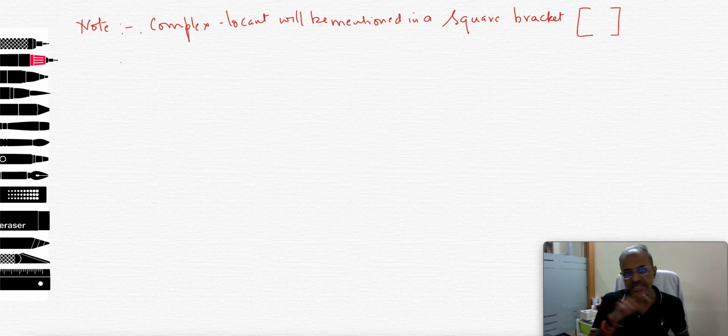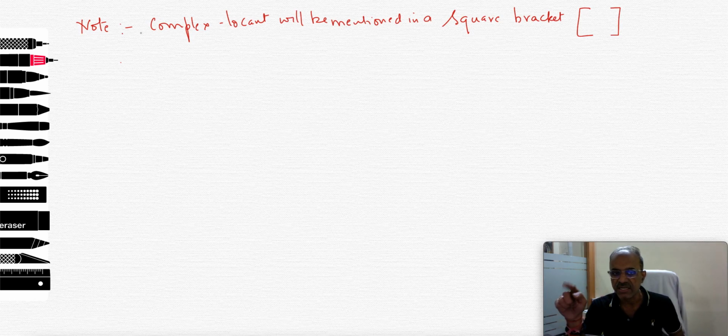And the D, T will be given preference with respect to their alphabetical order in case of complex locant only. Right? Suppose if 2 complex locants I get, di and tri, then I'll have to give first preference to di and then to tri, because in di, D comes first alphabetically and T comes next. So here in this case only and only I have to take the alphabetical order. Fine?